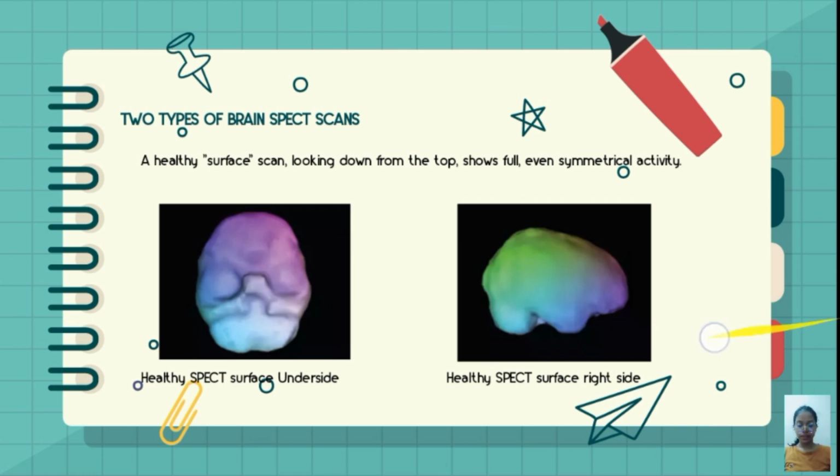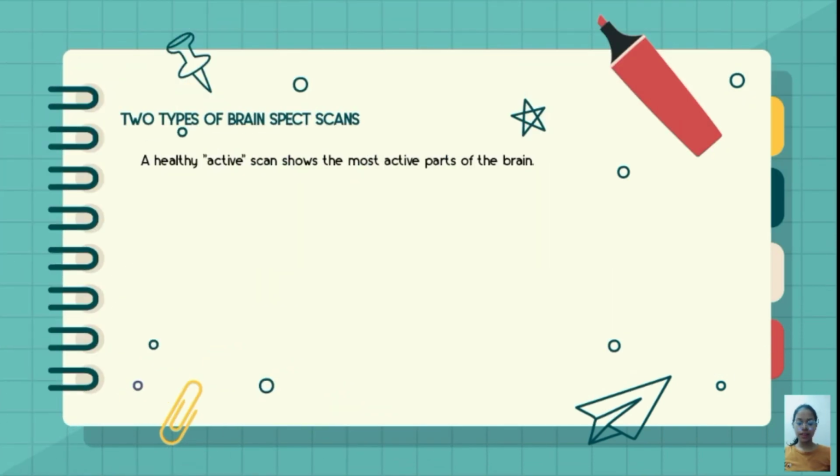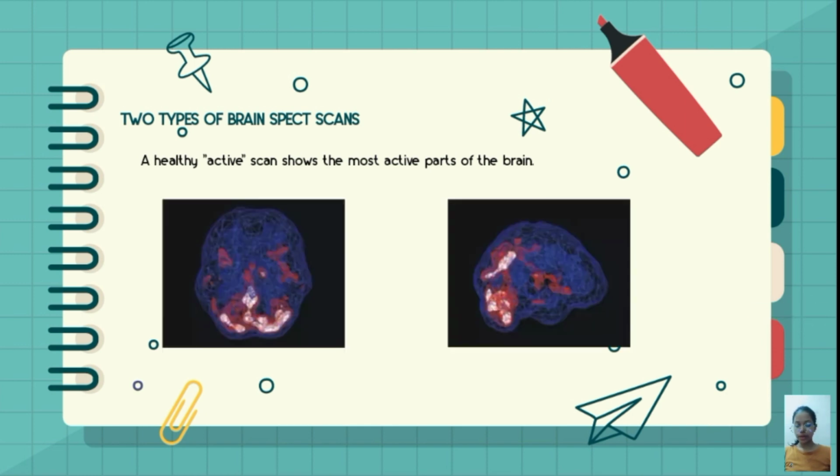Next is the active scan. A healthy active scan shows the most active parts of the brain. So here is the blue. The blue is the average activity, while the red, or sometimes red and white, are the most active parts of the brain. In a healthy scan, the most active area in the brain is the cerebellum, at the back or bottom part of the brain.